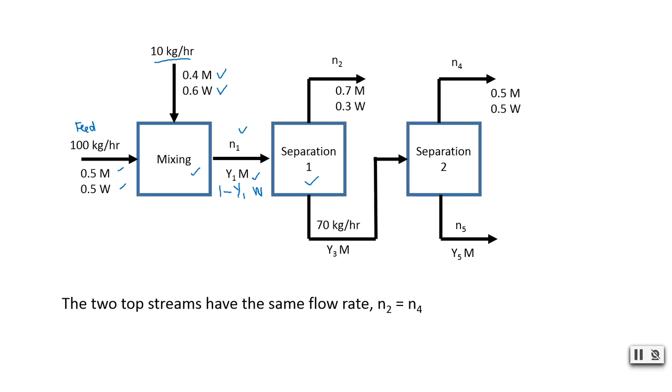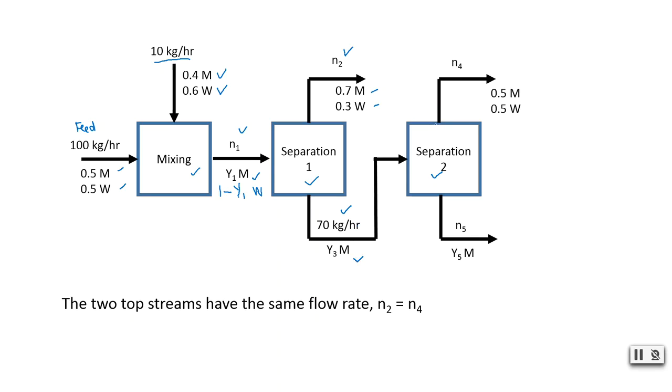From the separation, two streams are produced. The top stream we call N2. There is no information about the flow rate, but we know the fraction of methanol is 0.7 and the fraction of water is 0.3. The bottom stream goes to separator 2, and we know its flow rate is 70 kg per hour, but we have no idea of the fraction of methanol.